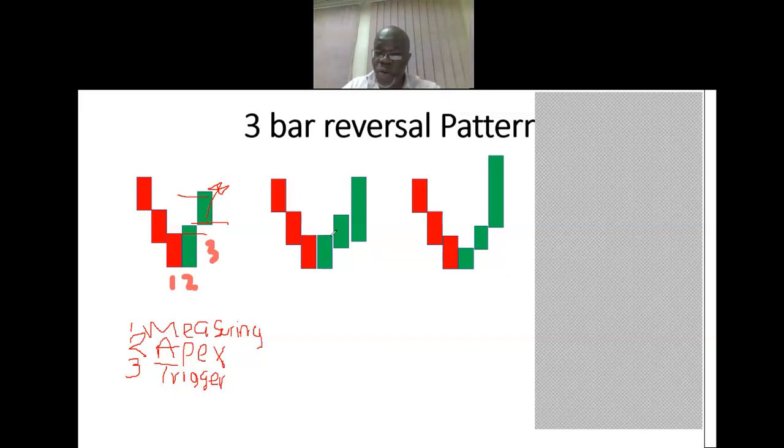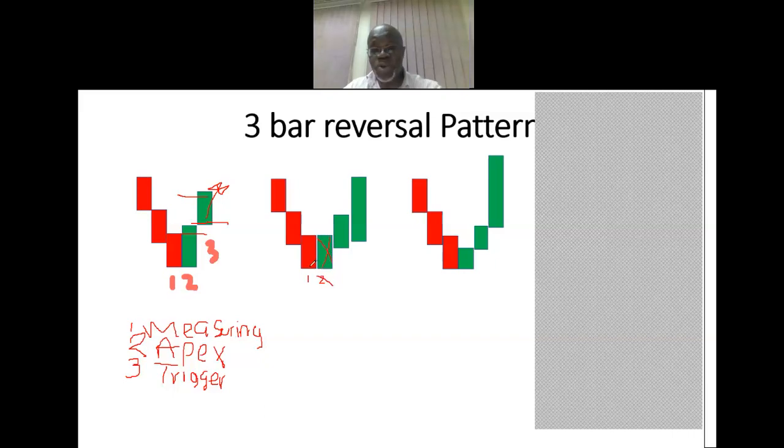Initially this was your measuring candle, this was your apex. What happens is when the third candle begins, you ignore this one, candle number 2. It's like it didn't exist.